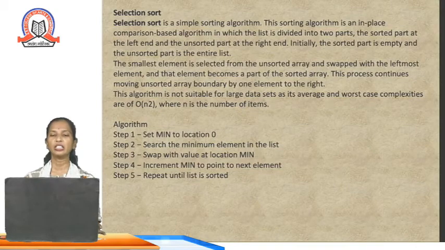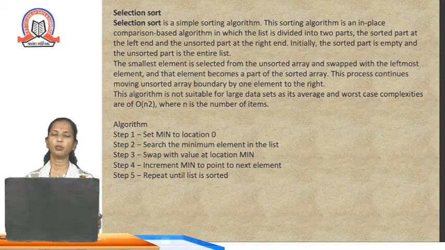Over here, instead of the concept of key, the concept of minimum is used, and the minimum value is compared with all the remaining elements in the array, and the appropriate interchange or swap of the values is done.